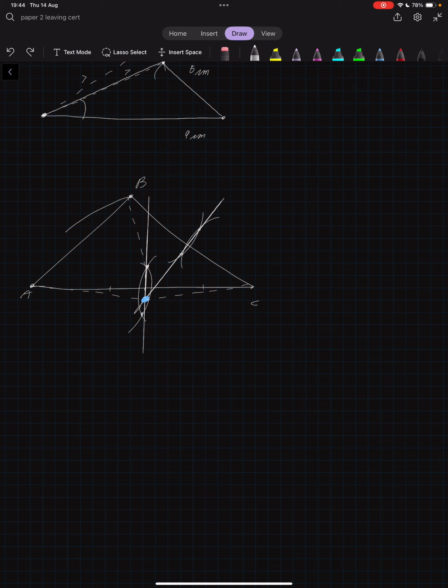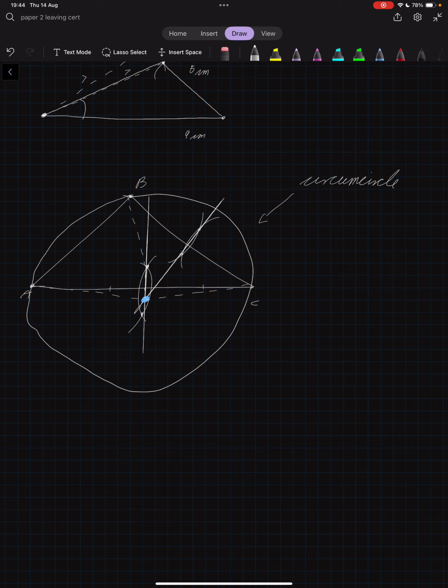I'll try and do it a little bit better, but no guarantees will be any better. Okay, I'm just gonna leave it at that. But anyways, this then would be the circumcircle.